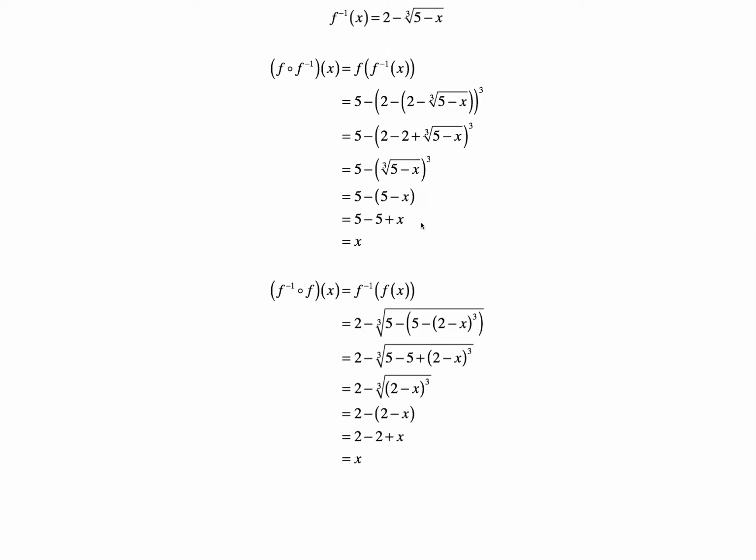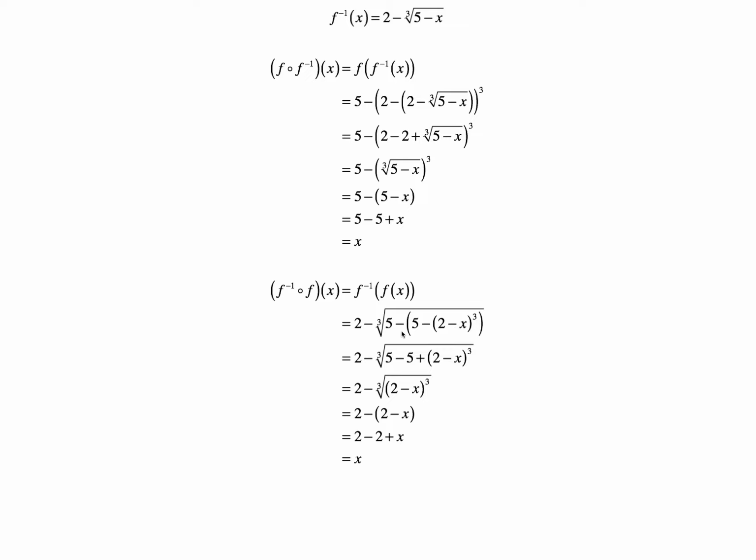Now, to compose f inverse with f, remember here's f inverse, and so we've got an x inside this radical. So we put a set of parentheses there, and inside those parentheses we substitute in the function f of x, which was 5 minus the quantity 2 minus x, cubed.